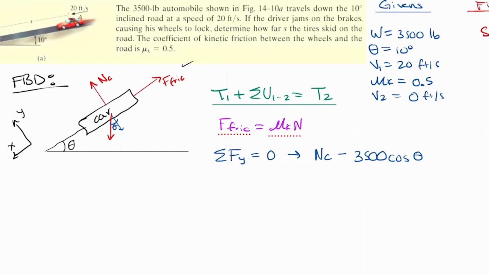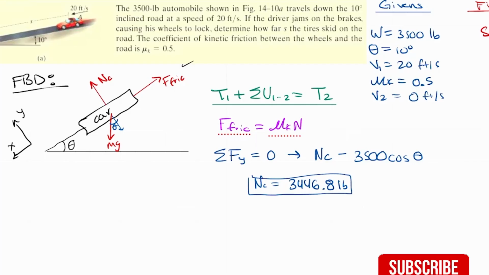So this is the component of my weight that will be doing that. This is my mass times gravity. So 3,500 cosine of theta, where theta is 10 degrees. When you plug this in and solve, you'll get that the normal force is equal to 3,446.8 pounds.